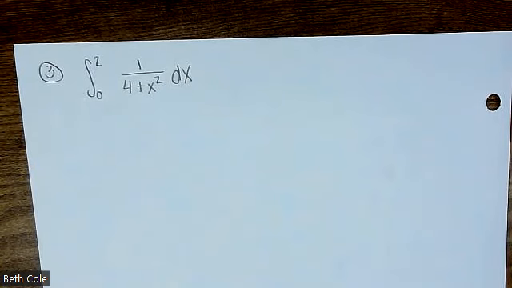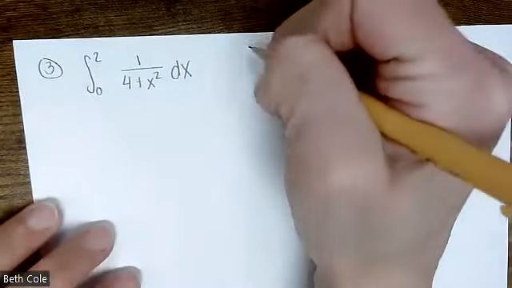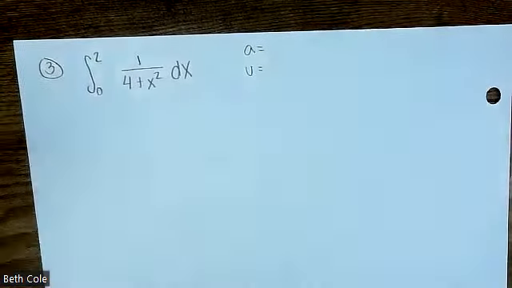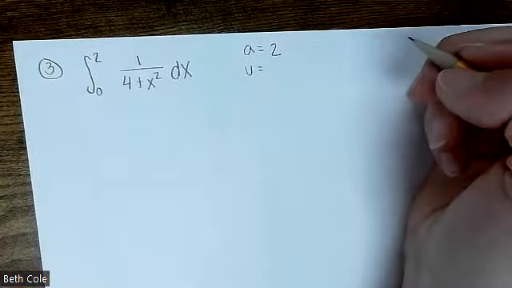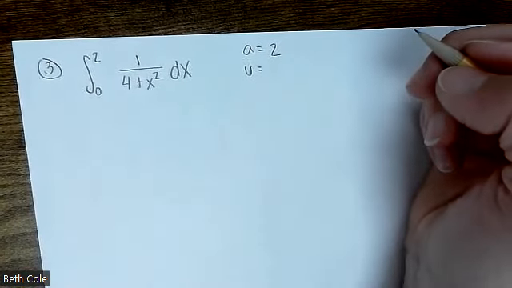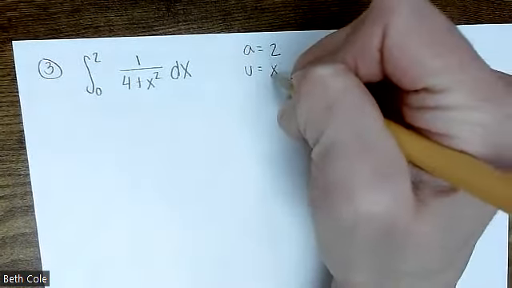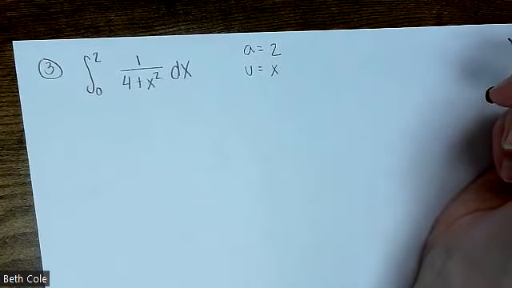All right, which one is it? Just identifying. Arctangent. All right, so we're gonna find A and U. What is A gonna be? 2? U, I made this one simple because I gave you boundaries. It's just x.